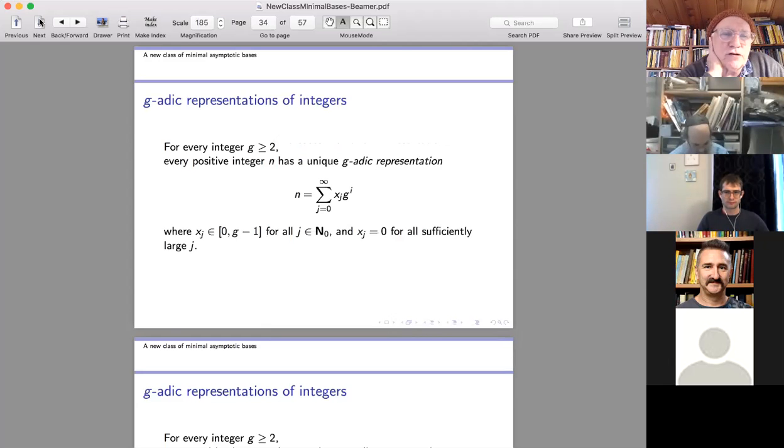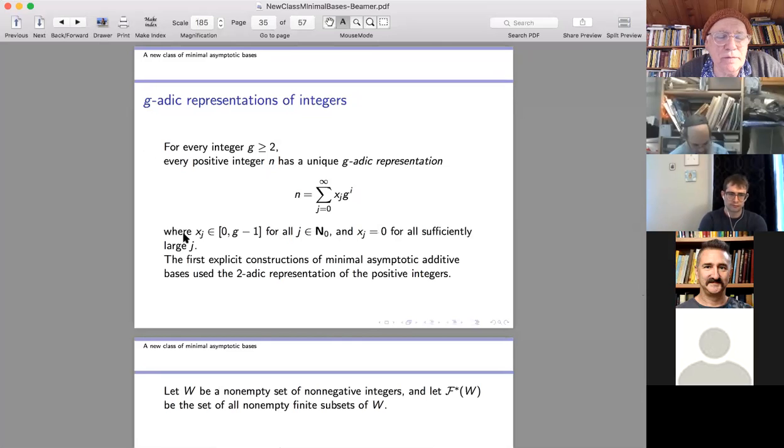So you fix an integer g at least 2, and every positive integer has a unique g-adic representation as a sum of x_i g^i, where the digits, the x_i's, are between 0 and g minus 1, and the x_i's are 0 from some point on. So, binary, base 10, whatever is your favorite. And the first explicit constructions of minimal asymptotic bases use the two-adic representation of the positive integers.